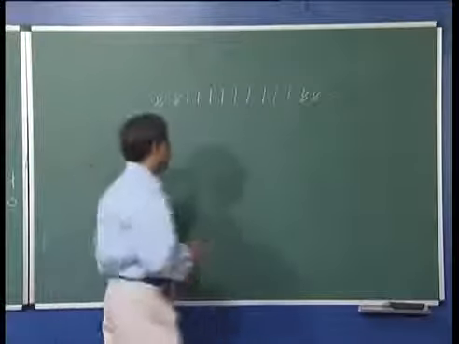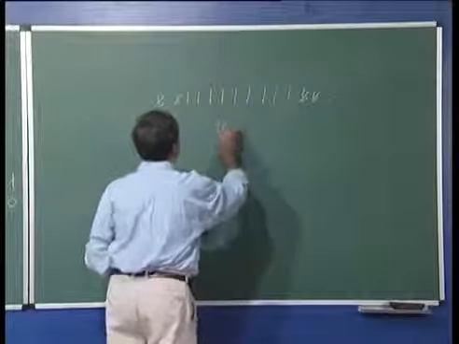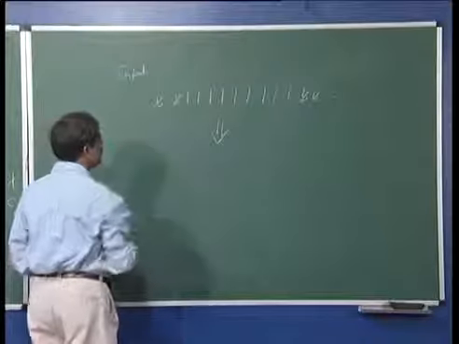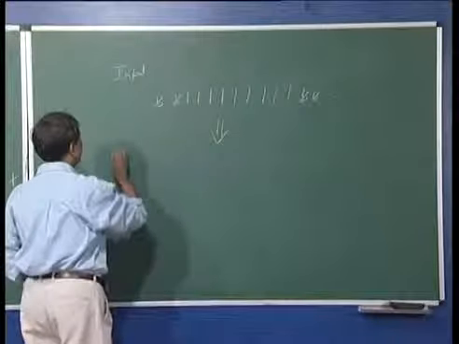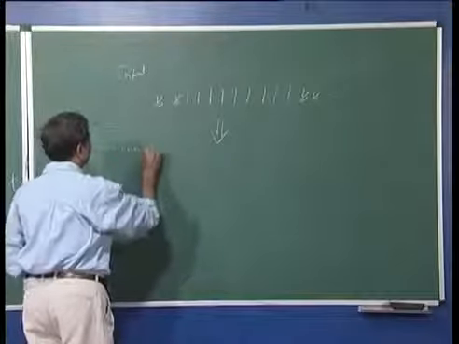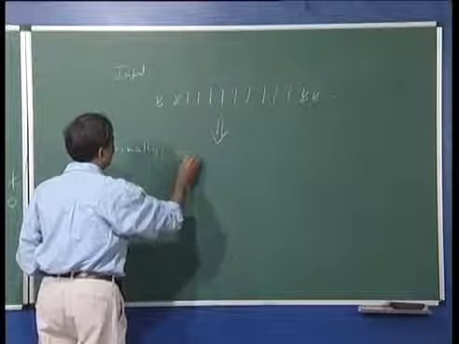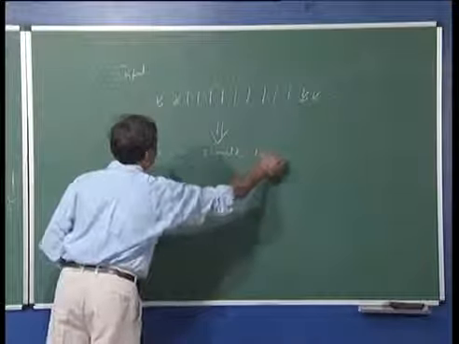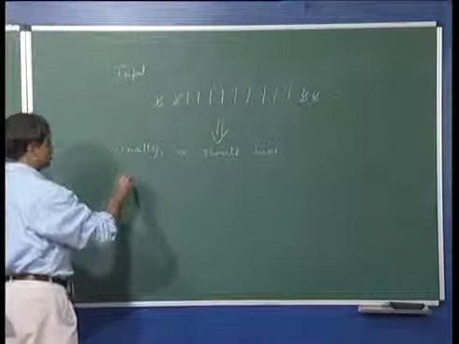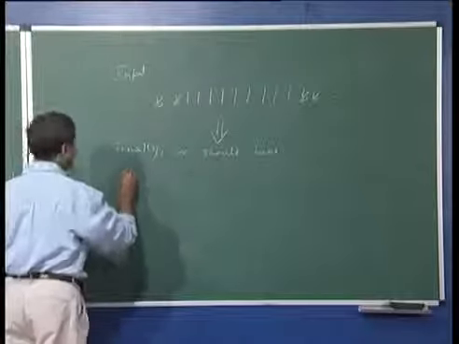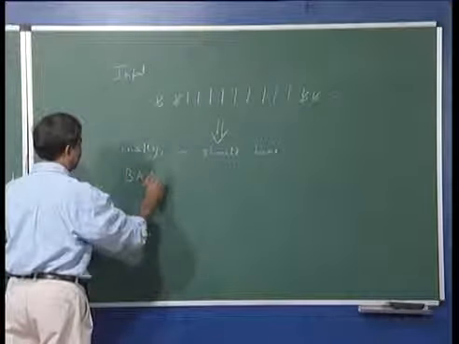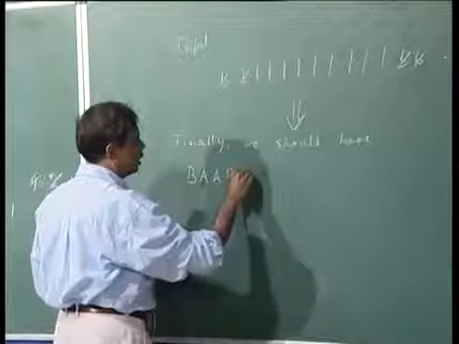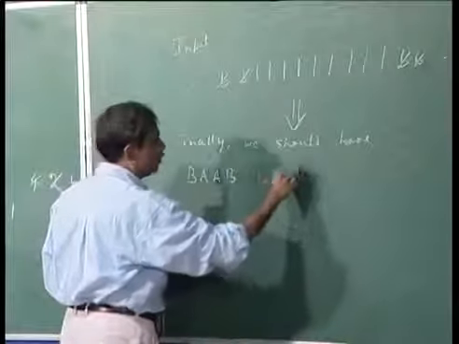So, basically this being the input, finally what we should have, B A B and block of 1s.